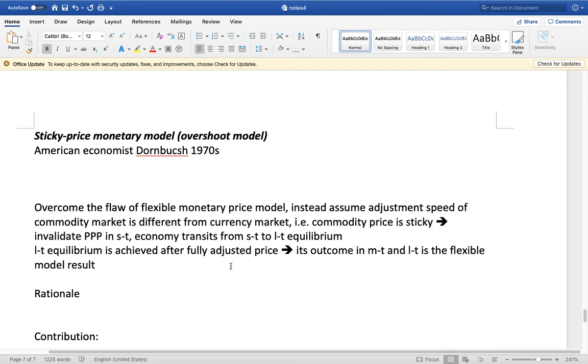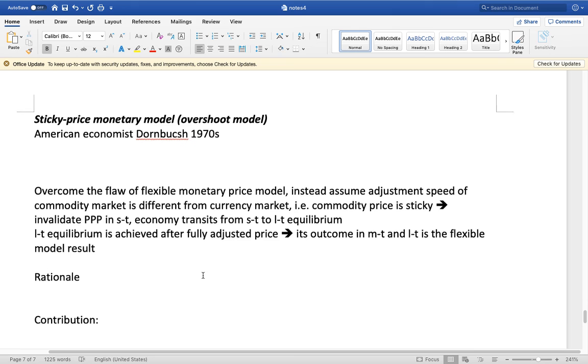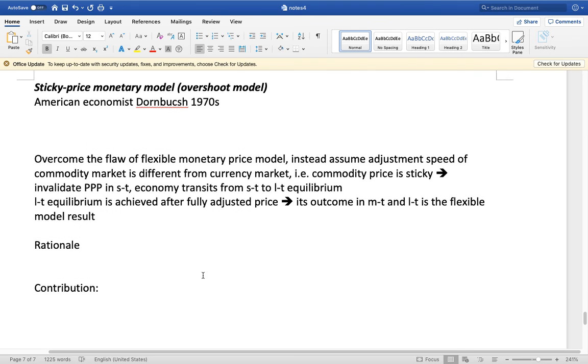That is, the exchange rate expectation changes deviate from the exchange rate of the purchasing power parity after the fully elastic adjustment. That is called the overshooting exchange rate. That makes the purchasing power parity invalid in the short term.